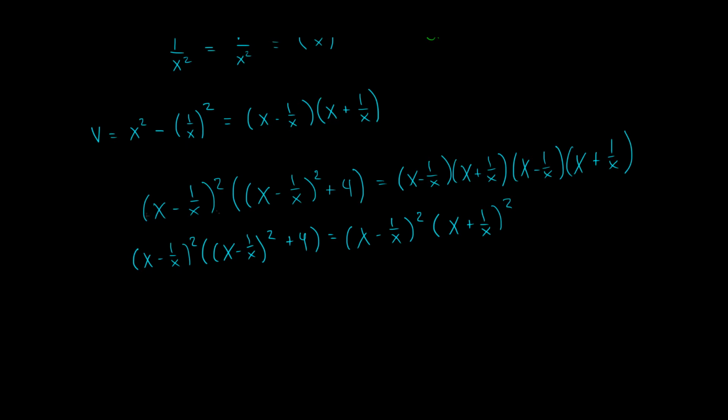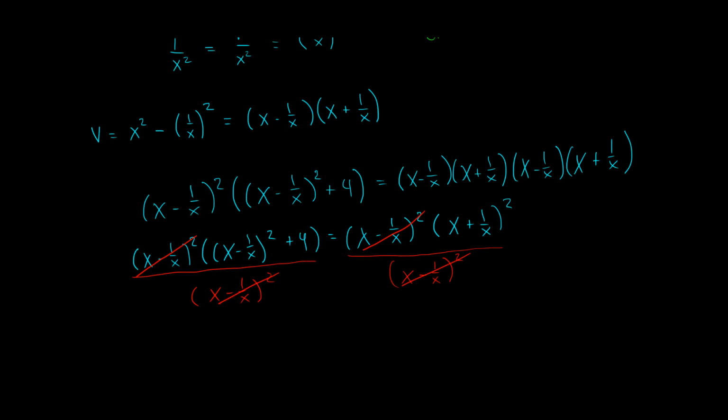Now there's something really easy that I can do. As you can see, I have an x minus 1 over x squared here and an x minus 1 over x squared right over here. So what I can do is divide both sides by x minus 1 over x quantity squared, and then they just cancel out.